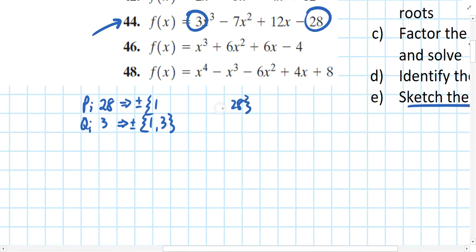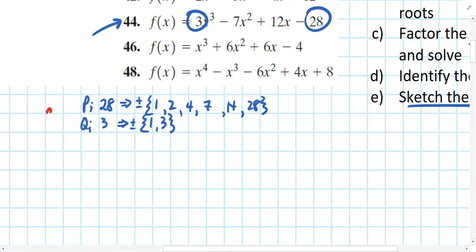If there are any additional factors, they have to be between 1 and 28. I know that 2 and 14 are also factors of 28. If there are any more, they have to be between 2 and 14. 3 does not go into 28, but 4 does. 4 times 7 equals 28. And if there are any other factors, they'd have to exist between 4 and 7. I know that 5 and 6 do not go into 28, so we now have a complete list of factors.